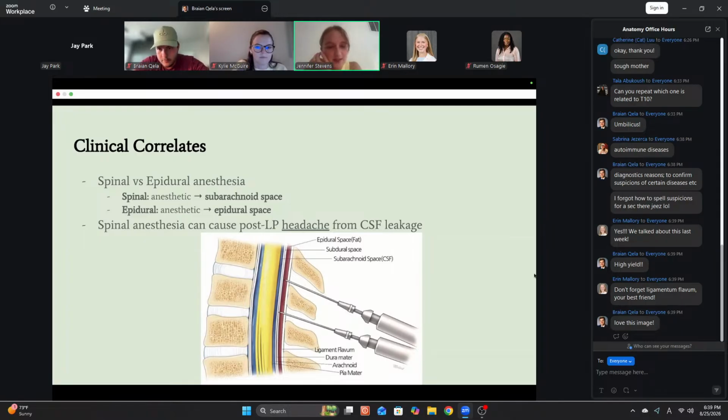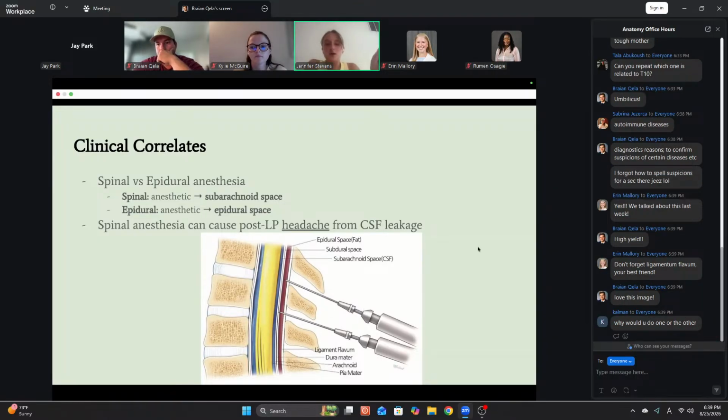I think this photo does a good job of showing where the needles stop. The top needle is the epidural needle because it's stopping in the epidural space, and the bottom one is the spinal anesthetic because it's going farther, past the meninges into the subarachnoid space.